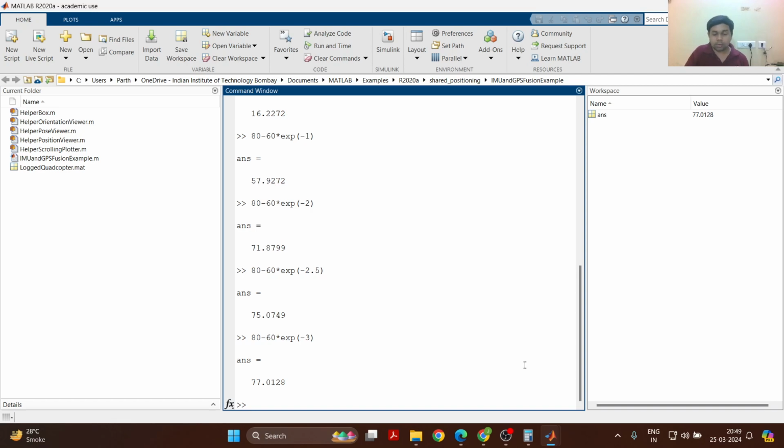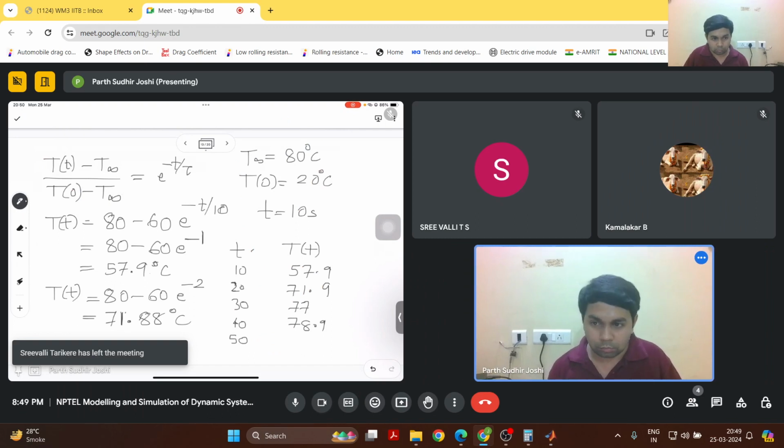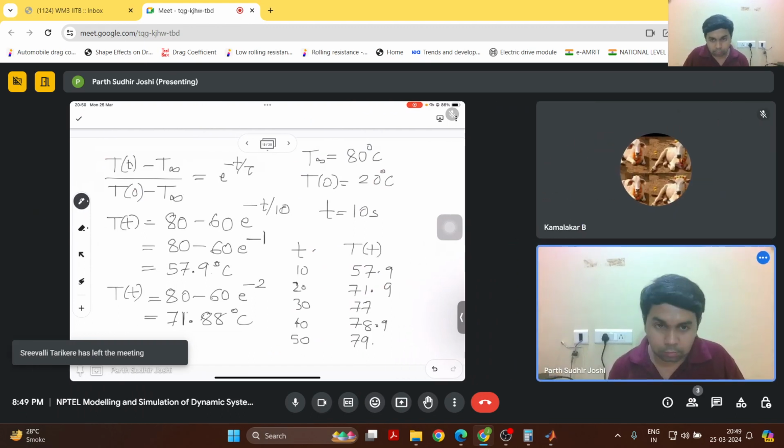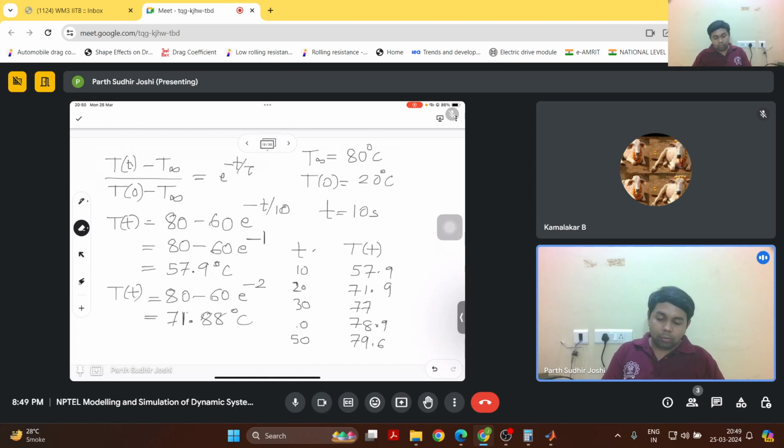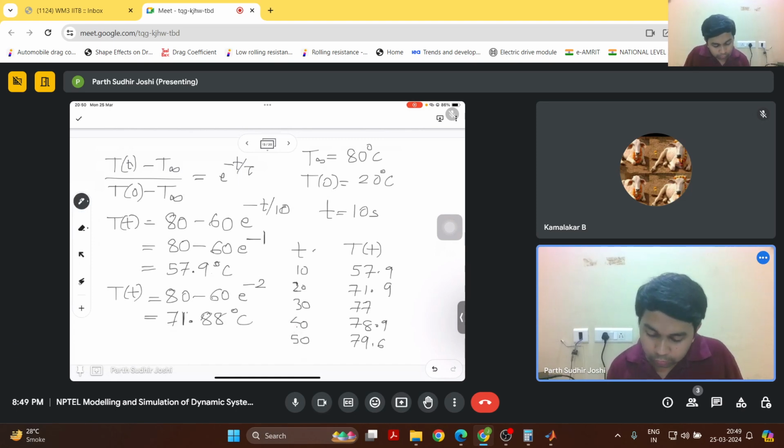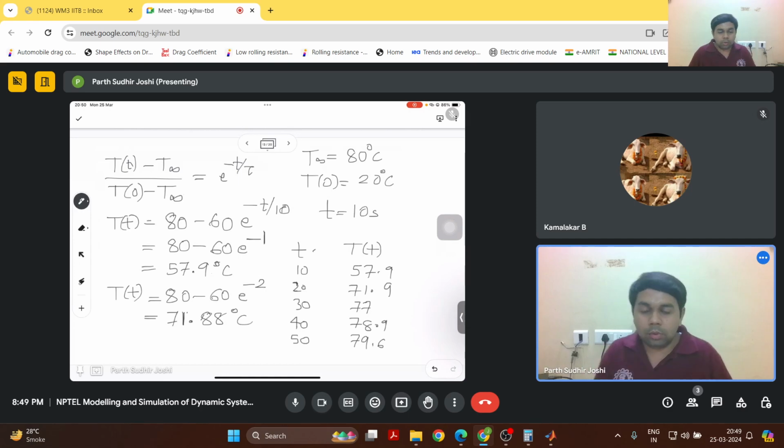At 40 seconds, around 78.9, and at 50 seconds, 79.6. So you can see that roughly it takes about 5 time constants to come close to the steady state value.